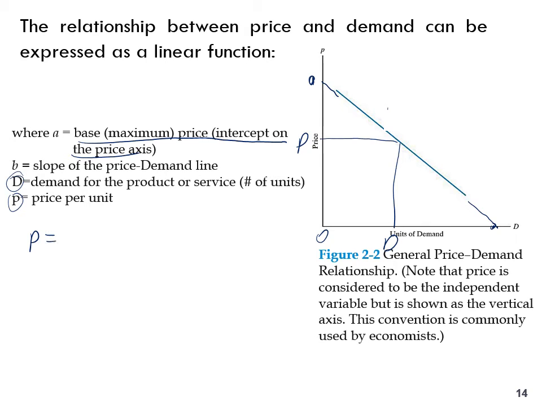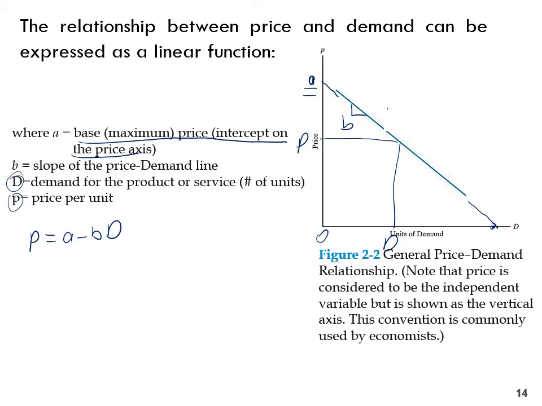The price will be equal to, it is just the equation of the line. It passes through the point 0 and A, and the slope is B, and you can use just your calculus knowledge to write this equation. It is in fact P = A − B × D.